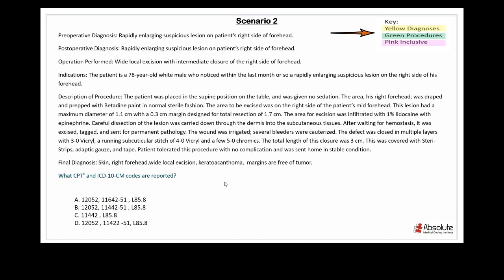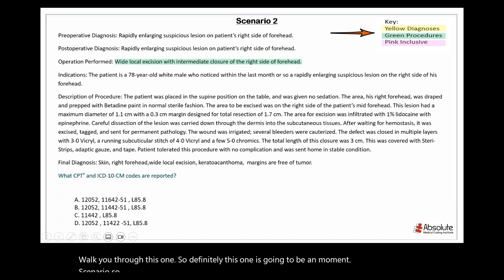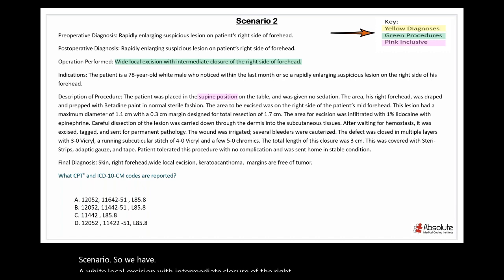Okay, coders. I hope everyone has played your answers in, and let me walk you through this one. So definitely this one is going to be an aha moment scenario. We have a wide local excision with intermediate closure of the right side of forehead.